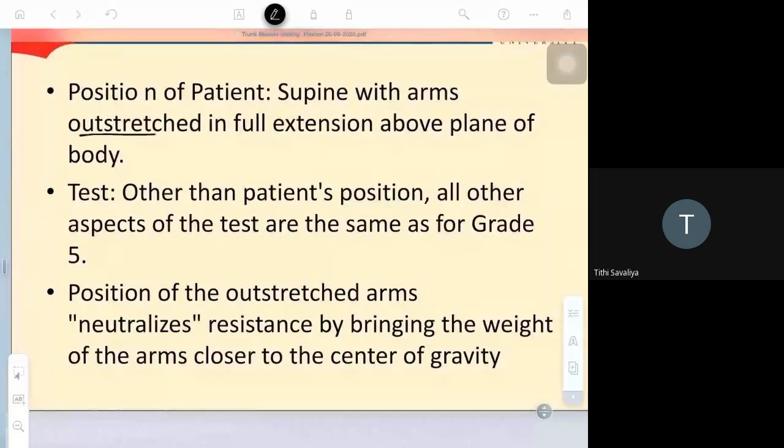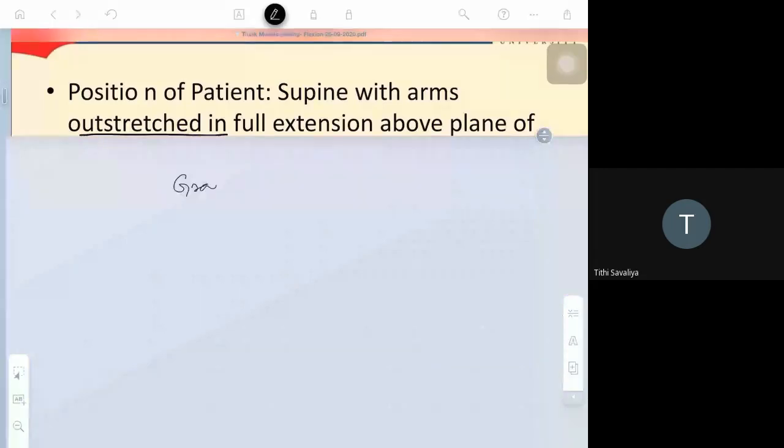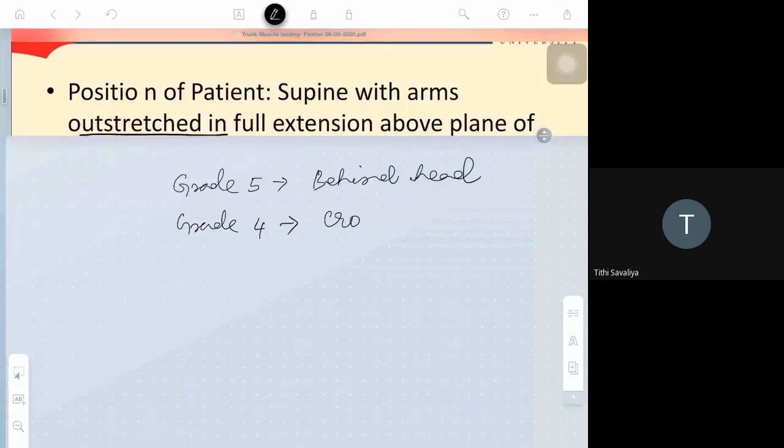Outstretched arm in full extension. So what are the 3 positions of the patient in grade 5? Hands are behind the head. In grade 4, hands are crossed, arms are crossed.